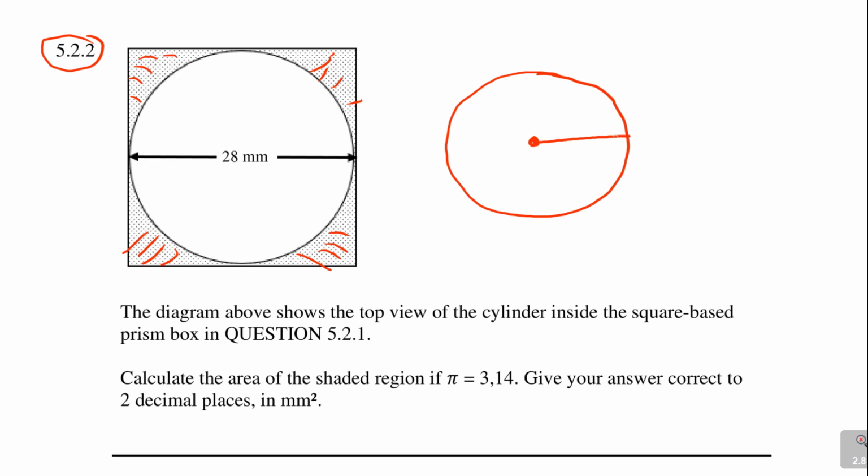What was the radius? The radius here, we said R is equal to 14 millimeters. That's the first part. Alright, now to find the area of circle, you see, they are tricking you. What's the area of the circle? It's pi r squared.